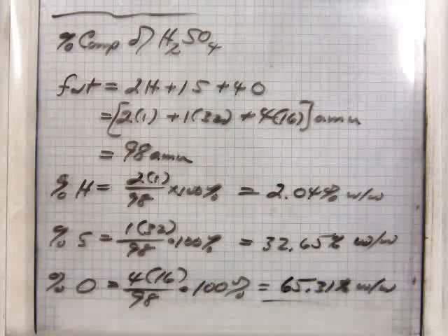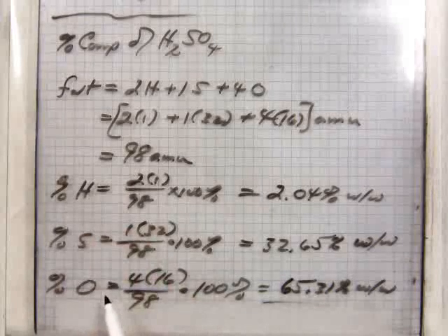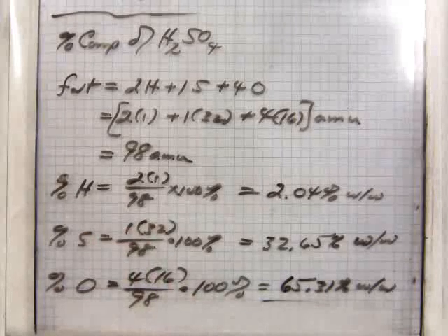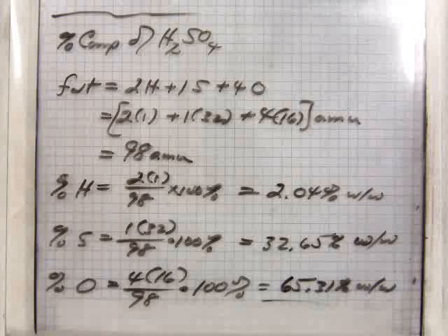Now, when you do your set of percentages and you want to check your work, when you calculate the percent composition in this manner, the sum of the percentages always equals 100%, or 99.999 or something like that.